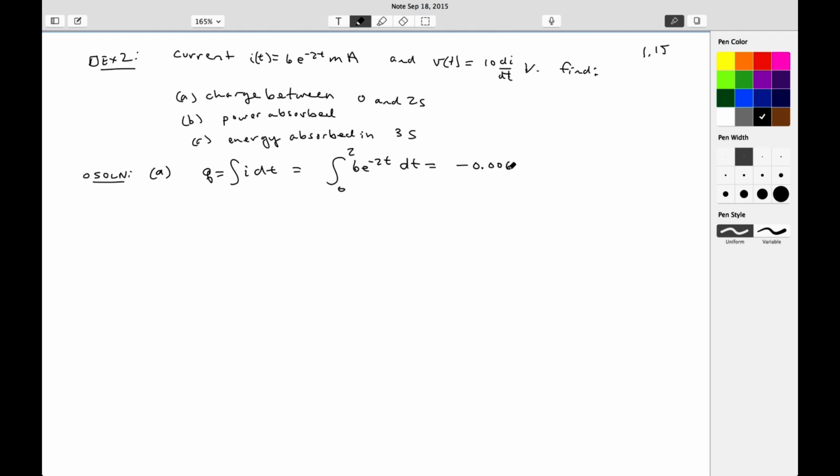negative 0.006 over 2, all right, because I'm integrating e to the minus 2t between 0 and 2, all right, which is equal to negative 0.003 multiplied by e to the minus 4 minus e to the 0.